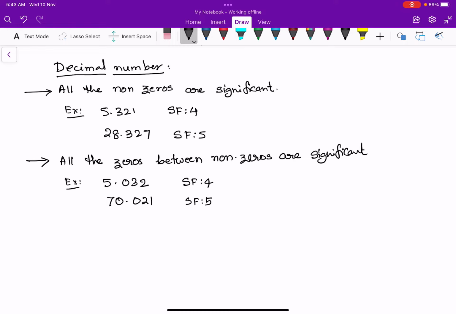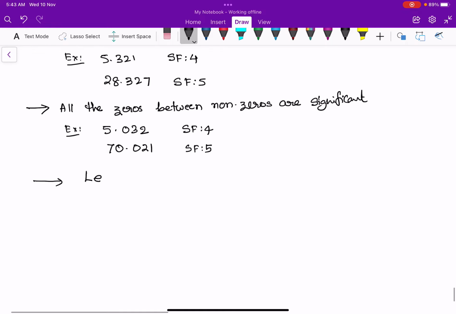Now coming to the leading zeros. What is meant by leading zero? The first zeros. A decimal number may be less than 1, or maybe greater than 1.